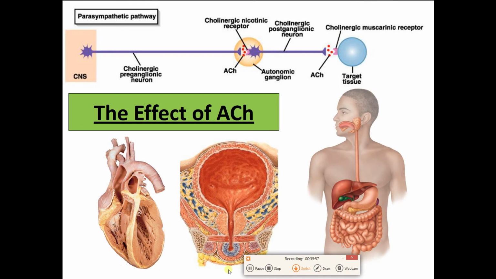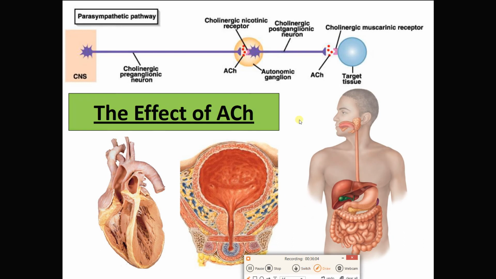Now, this is a urinary bladder right here. What we can see is the smooth muscle in the urinary bladder. Acetylcholine will cause that smooth muscle to contract, which helps push urine out of the urinary bladder. We got digestive organs over here. In general, just remember, acetylcholine is going to stimulate digestive activity.